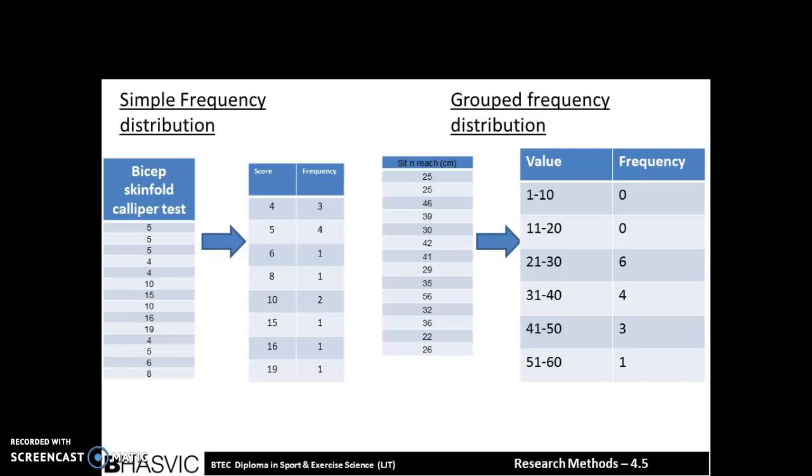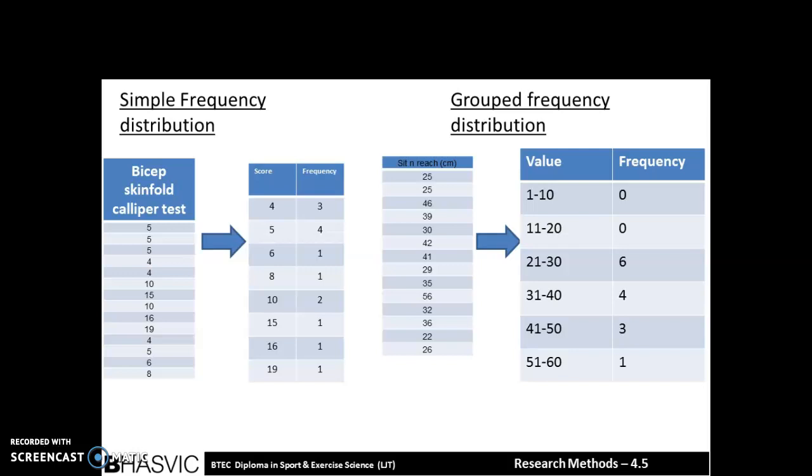An example of grouped frequency distribution would be the sit and reach test results, as they were in the order that the researcher conducted them. However, they have been rearranged so that it's easier for the researcher to see how many performers achieved a score in each category.